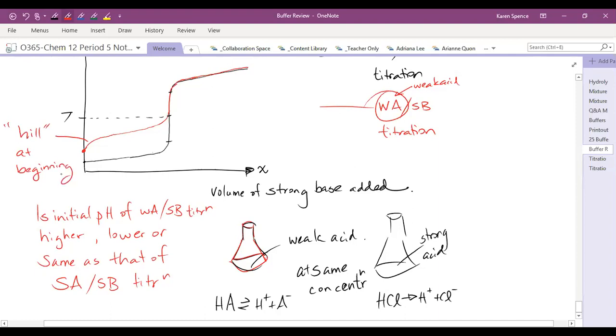Okay, once we get past that little hill, then we have a shallow slope, just like the strong acid, strong base. But you'll notice that the vertical section of the curve is higher, like on average is higher.